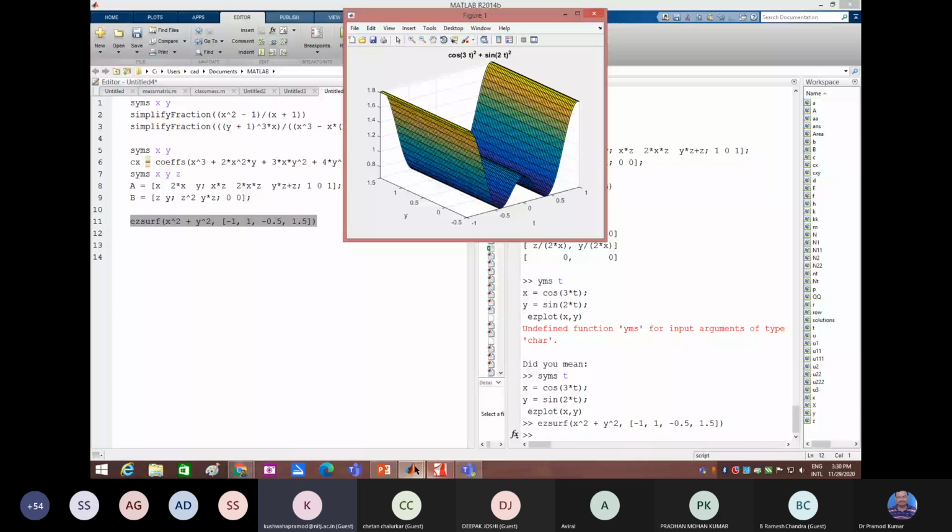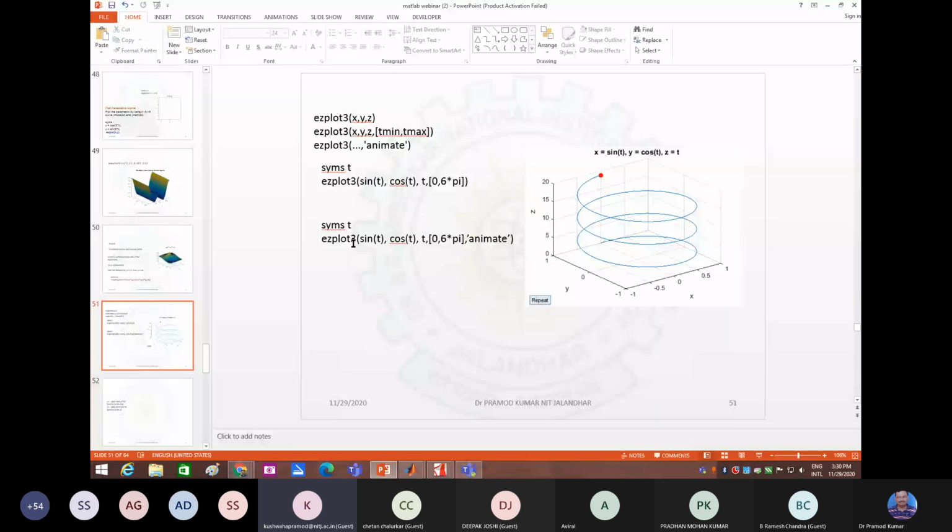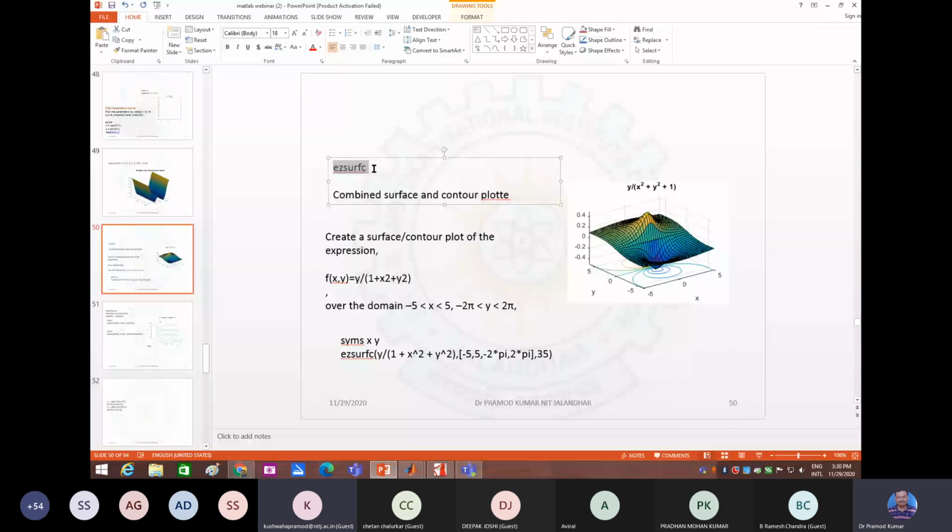Now another surface command is this ezsurfc. It combines the surface and the contour plot. There is a basic difference. If you see here on the bottom also you have some plot. That is the contour of this. And then any equation you take, you can plot it like this.